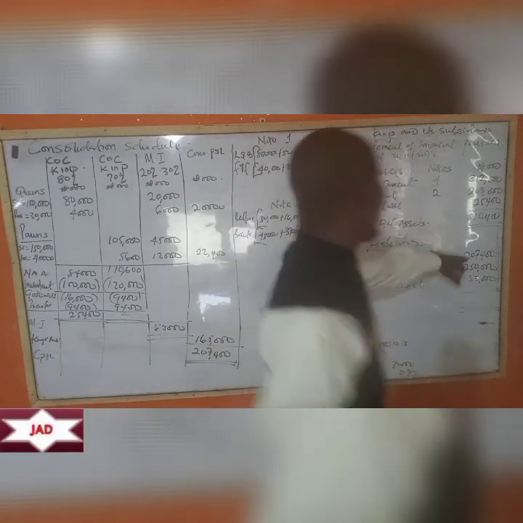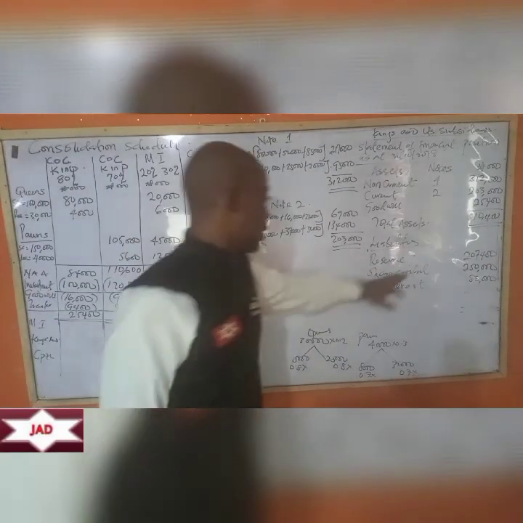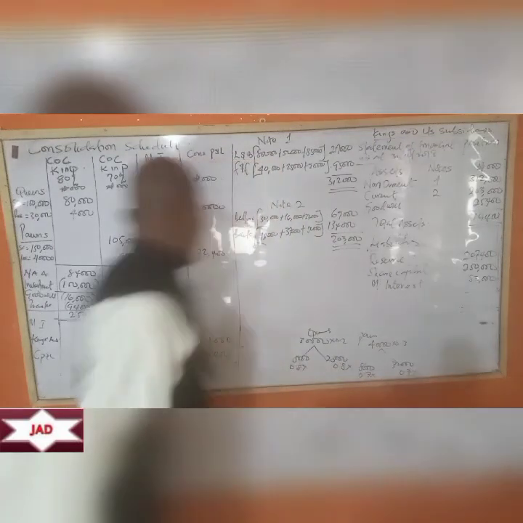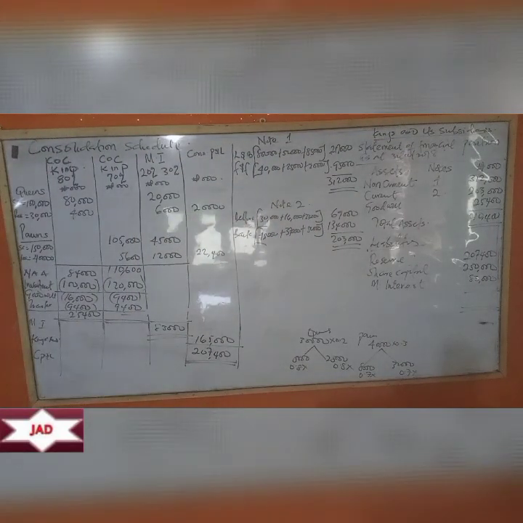What do we have? This reserve here is the consolidated P&L position here. The share capital is the holding company share capital. Minority interest is from the schedule here. So what do we have? 207,400 plus 250,000 plus 83,000, 540,400.